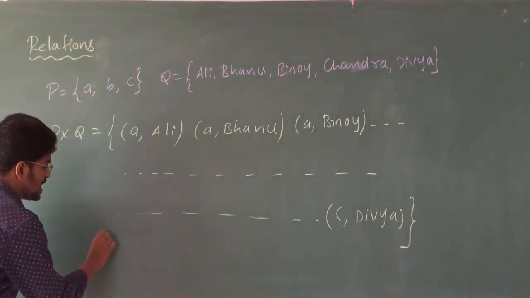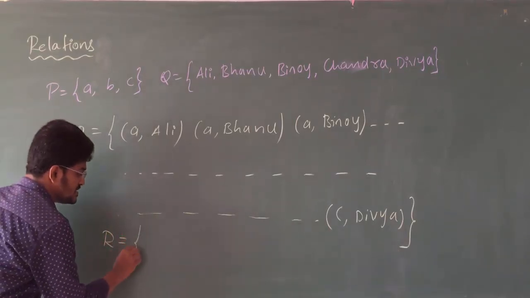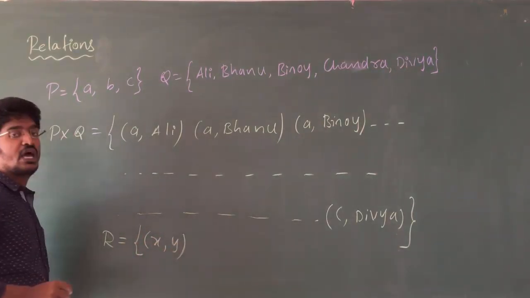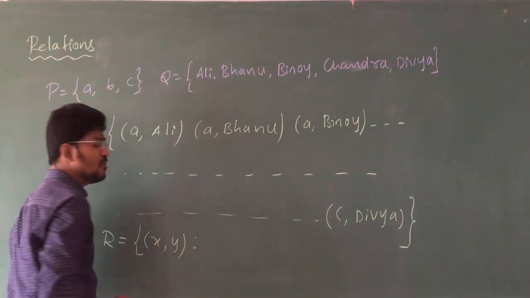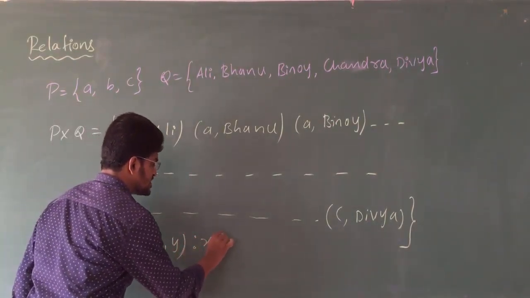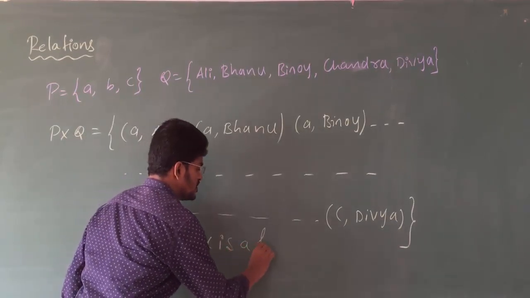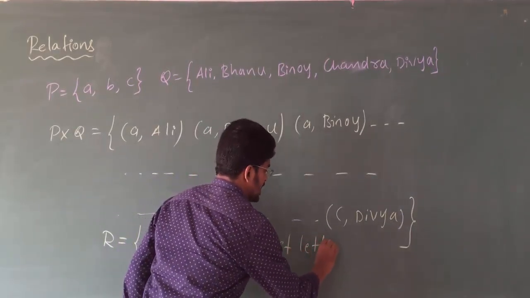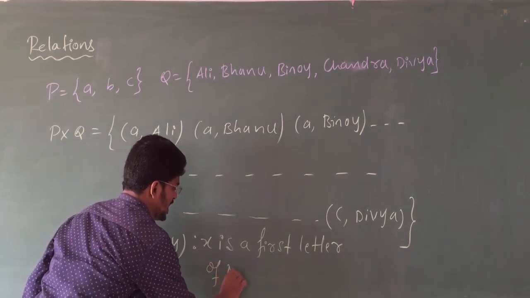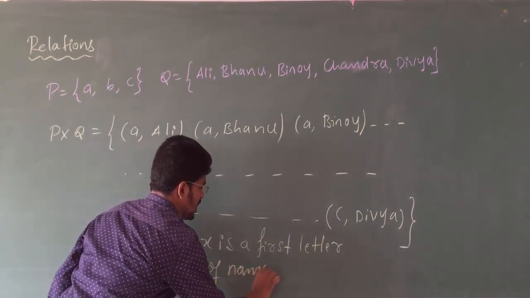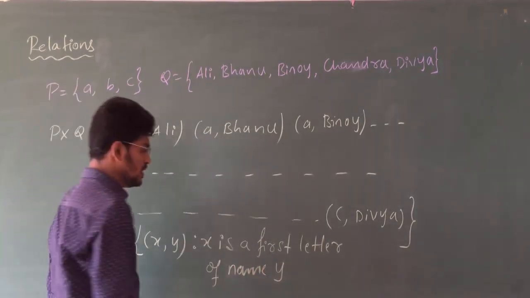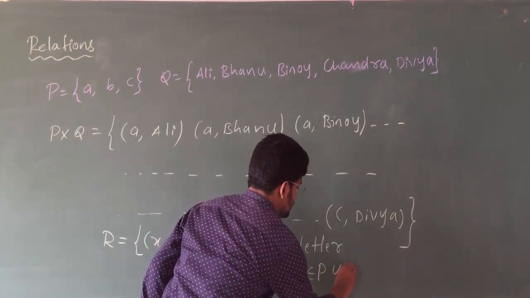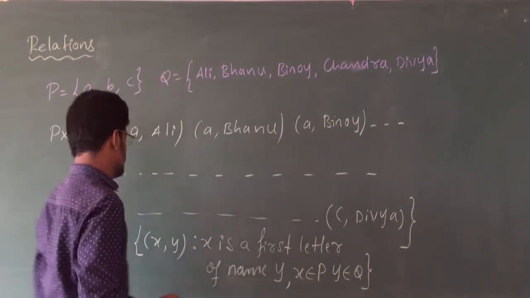Clear? So see here, I will write a relation R, set of ordered pairs (x, y), such that x is the first letter of name y, comma, x belongs to P, y belongs to Q. Very, very important.